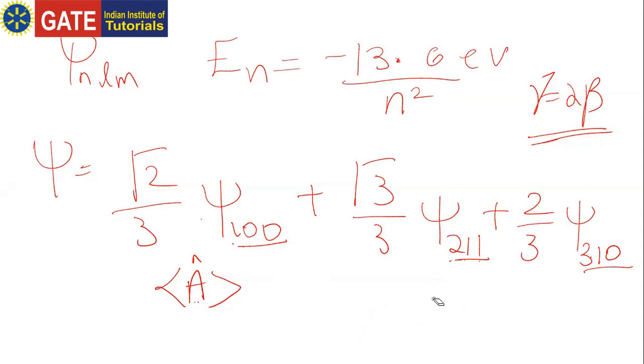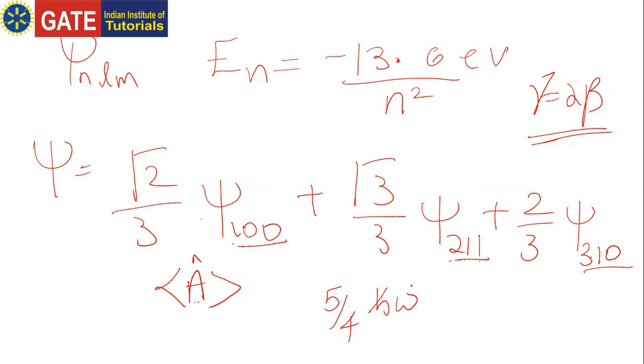Ma'am, for the harmonic potential homework question, I'm getting the answer as 5/4 h cross omega. Is it correct, ma'am? Yes, very good, 5/4 h cross omega. Now you people are doing the homework questions? No, ma'am, I already did that. The hydrogen atom alone I did not do.